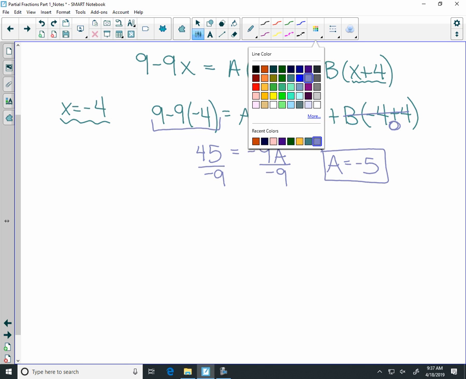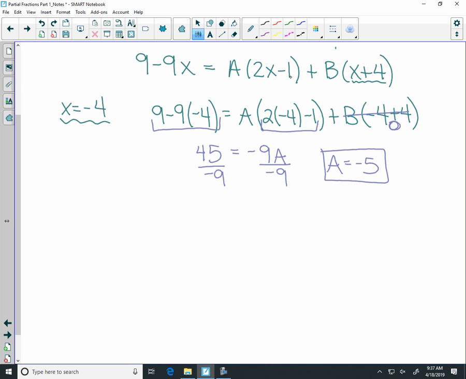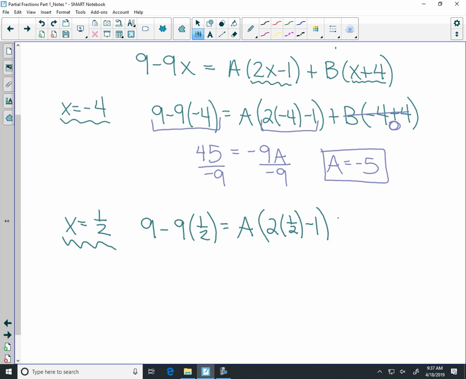All right, now what am I going to plug in? How am I going to zero out A? 1/2, yep. Oh, it's plus 4.